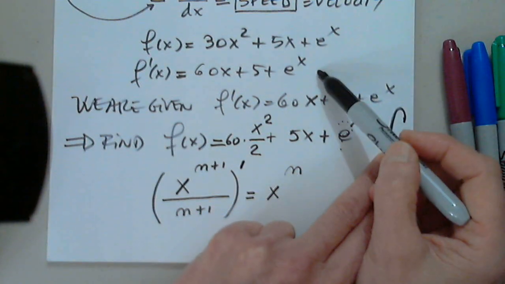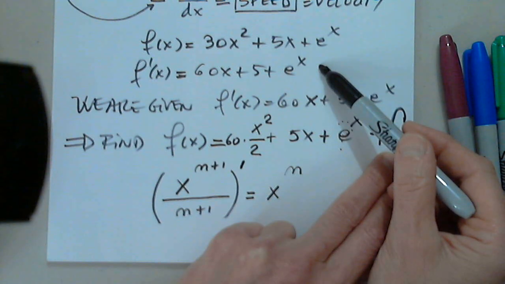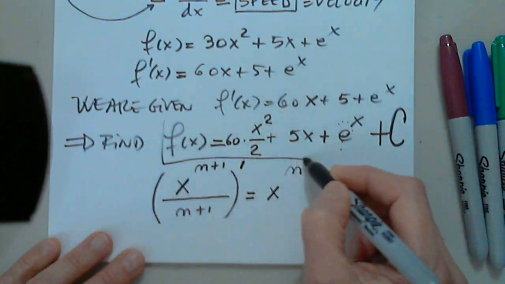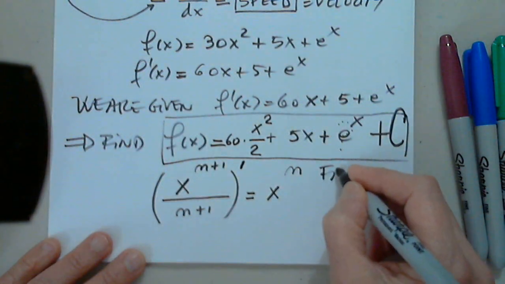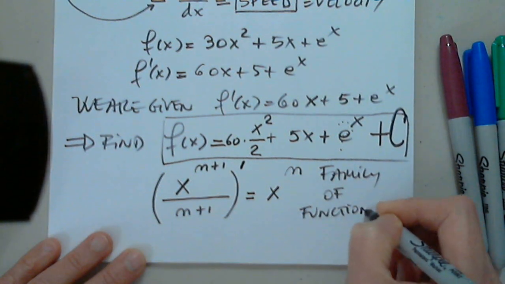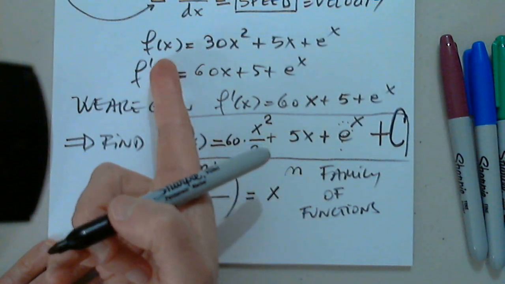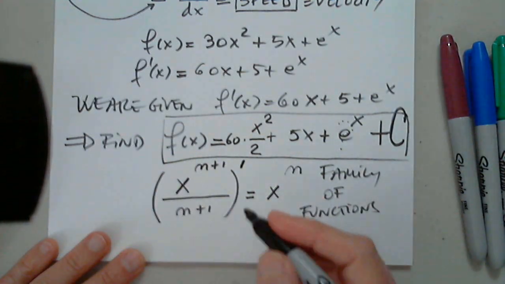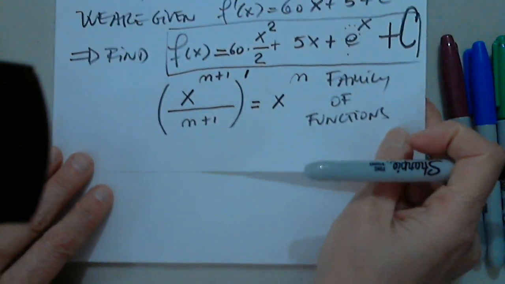Differentiate the constant, what do I get? Zero. So this is basically a family of functions. All of them have the same derivative. To be exact, the formula here is correct, but I also have to add that c. So I'm going to write it correctly now with a c.